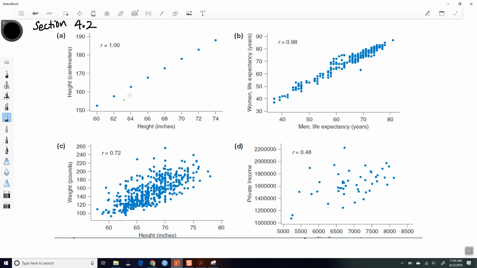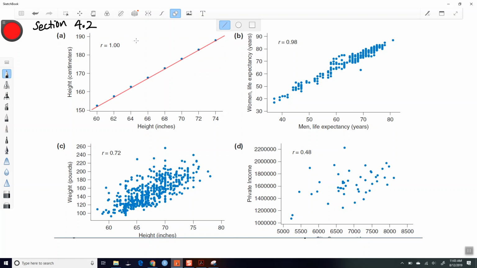Okay, so here we've got R equal to 1.0. And if we look, we can see that the dots are in a perfect straight line. There's no scatter, so you have R equal to 1.0, okay?